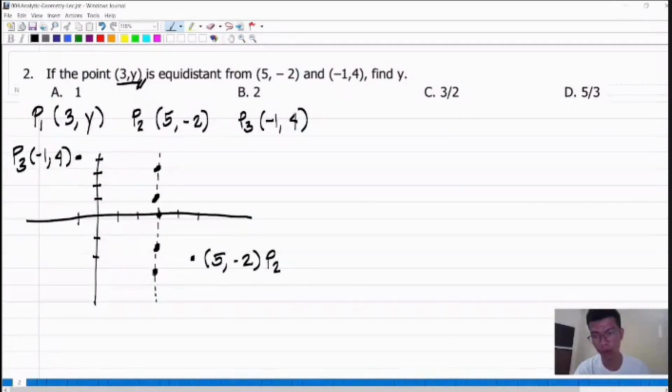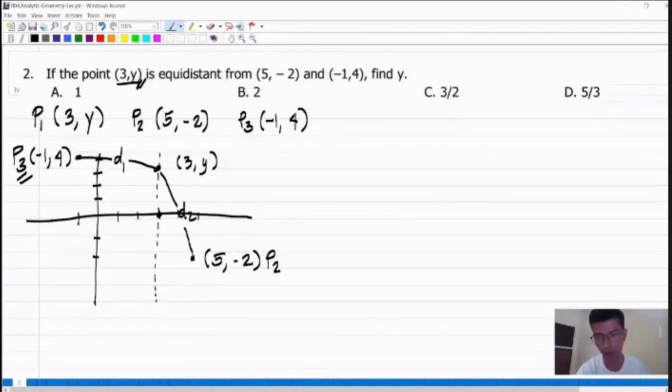So kung anong distant ang masusukat natin from point number 3 papunta dito kay 3y, dapat parehas din naman yung distance na masusukat natin from point number 2 papunta ulit kay 3y kasi ganoon sabi. So makukuha na natin dyan yung value ng y. So diba dito, inassume natin sa drawing na nandito si unknown point.